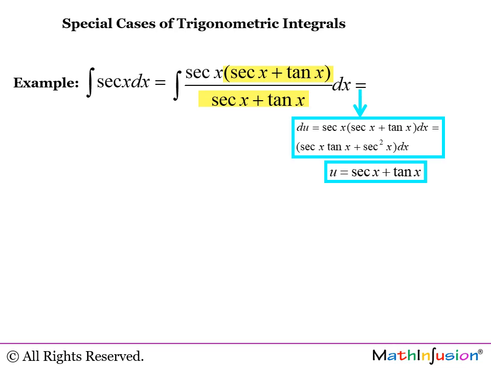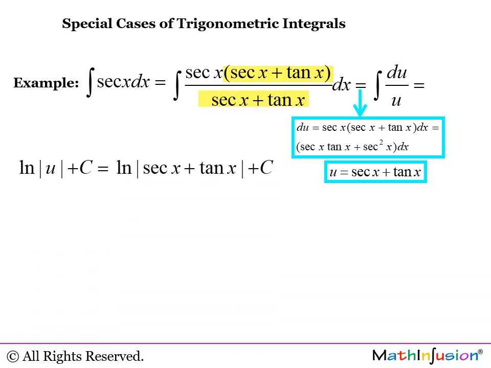And again, the du is, if you differentiate secant x, you get secant x tangent x, and the derivative of tangent x is secant squared x. So you get exactly this. And this is ln of u in absolute value plus c, which is ln of the absolute value of secant x plus tangent x plus c.